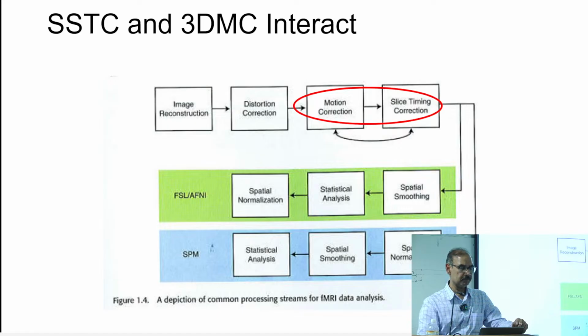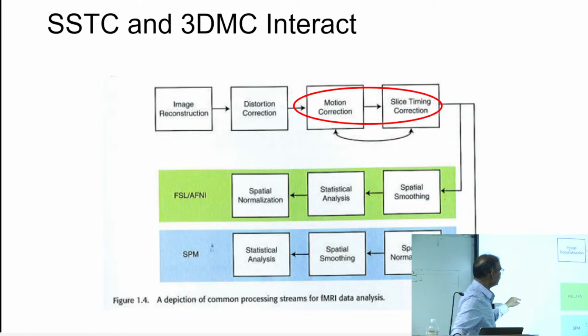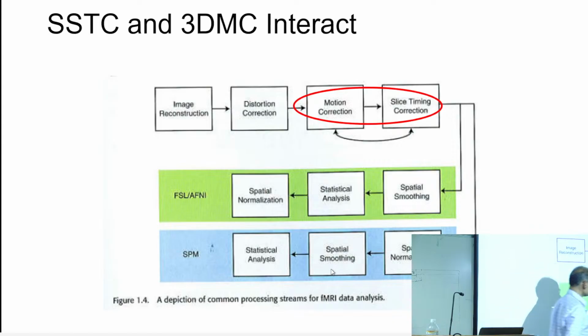The steps they suggest are image reconstruction, distortion correction, motion correction, slice timing correction, and then spatial smoothing, statistical analysis, spatial normalization. This is how FSL and AFNI do it. For SPM, it is spatial normalization, spatial smoothing, and then statistical analysis, right?